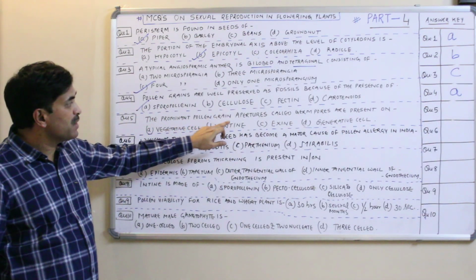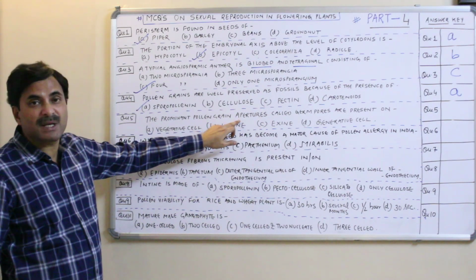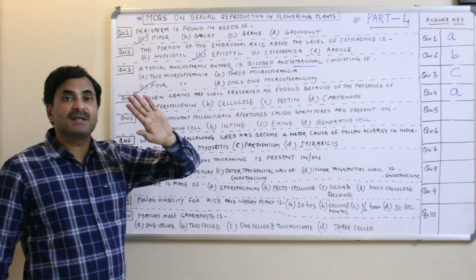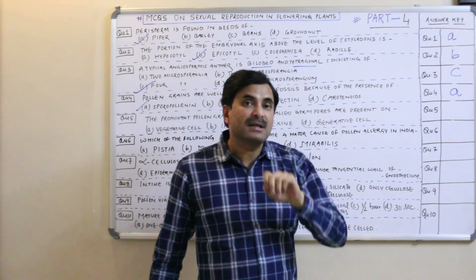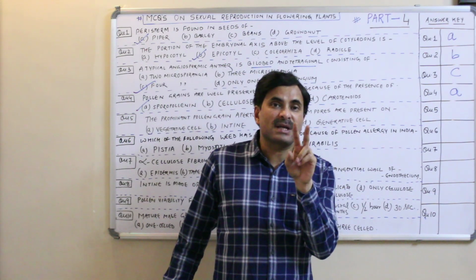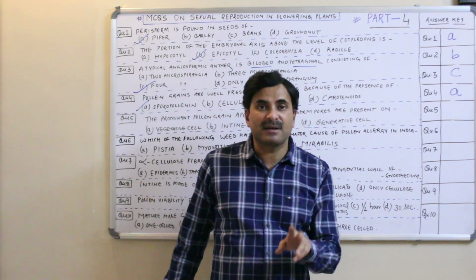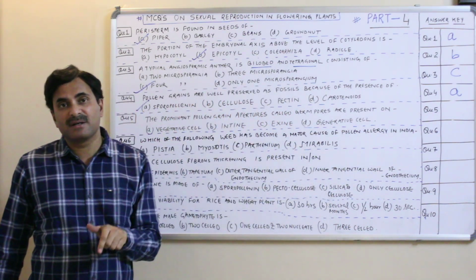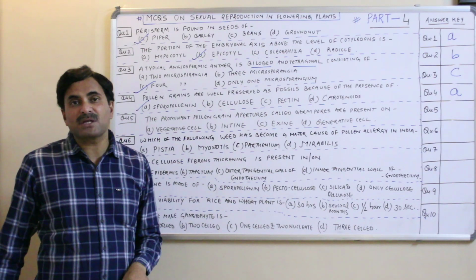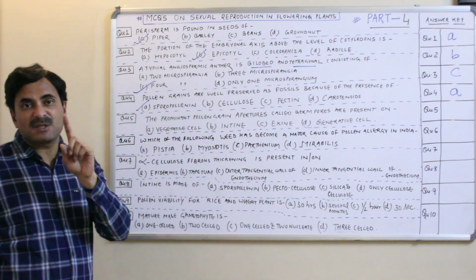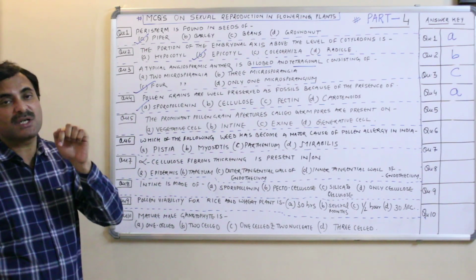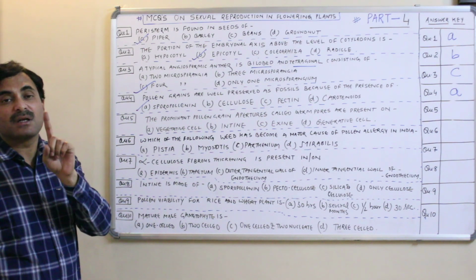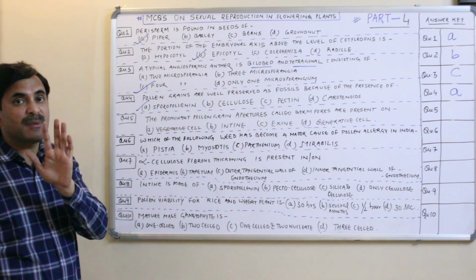The prominent pollen grain apertures called germ pores are present in. We know that pollen grains are surrounded by exine and intine, and exine is not a complete layer. At various places certain apertures are found in the exine where sporopollenin is absent, and those apertures are called germ pores.